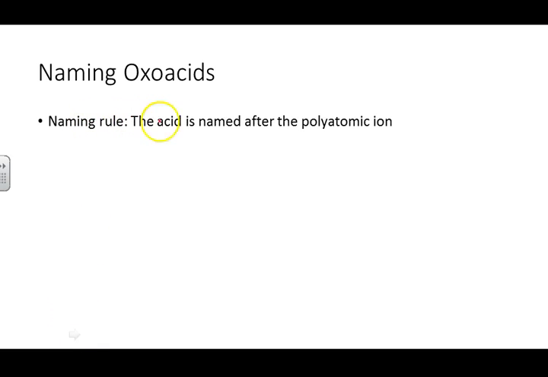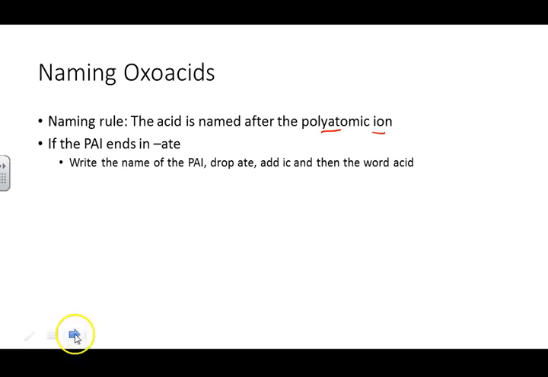To name oxoacids, the name is based on the polyatomic ion, so it's important to know or have your list of polyatomic ions. If the polyatomic ion ends in ATE, such as carbonate or phosphate or sulfate, you write the name of the polyatomic ion.